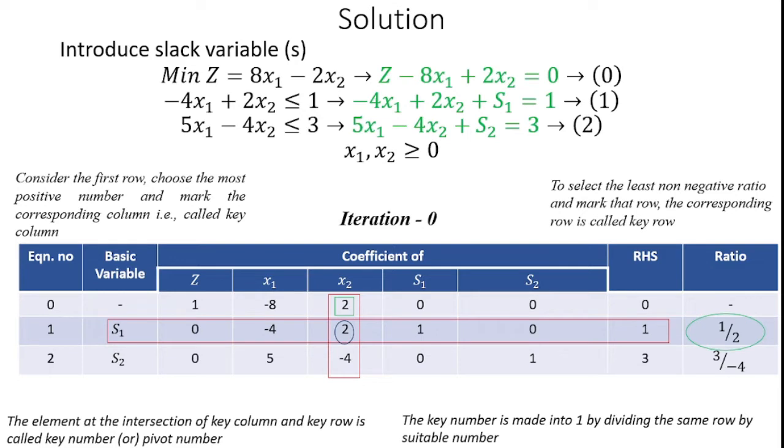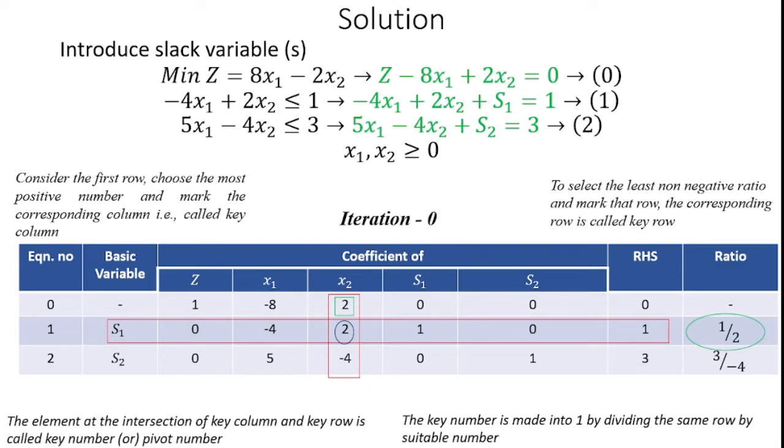Likewise, I pick the basic variables from the constraint equations. After that, I find the coefficient values from the three equations: the coefficient of z, of x1, of x2, of s1, and of s2. Likewise, I can frame the tabular column.